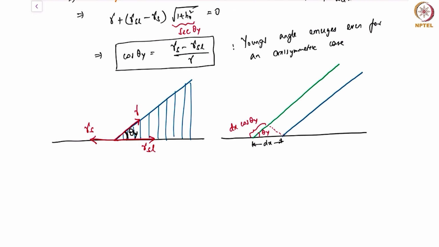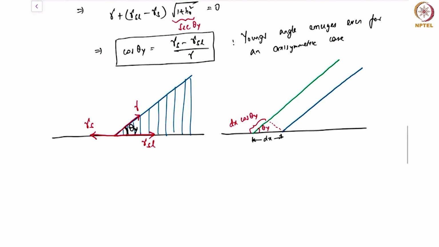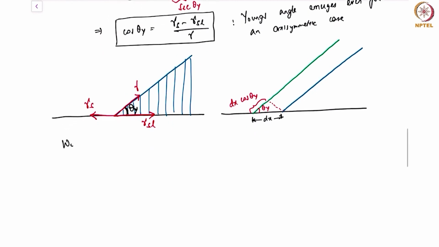Now, what we want to do is find out the work done in moving the contact line by a distance dx.